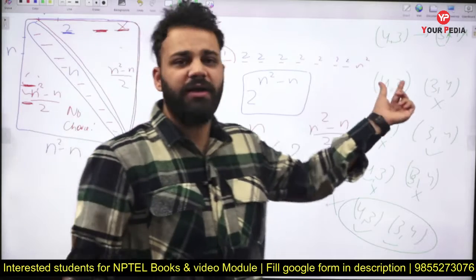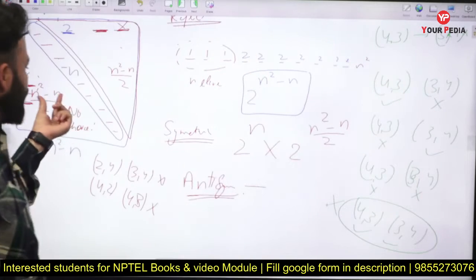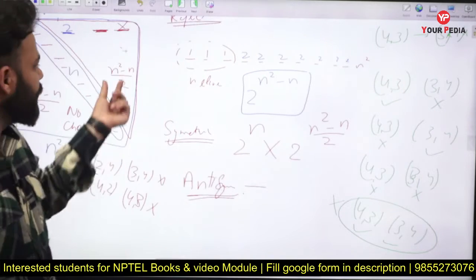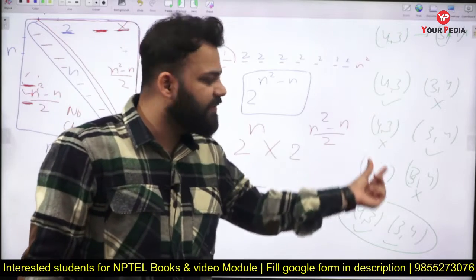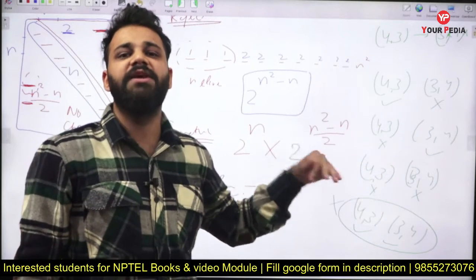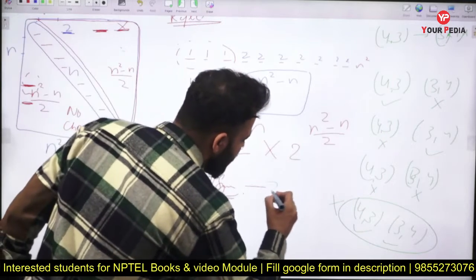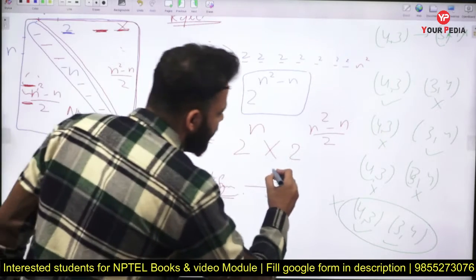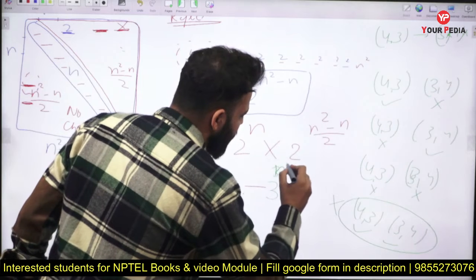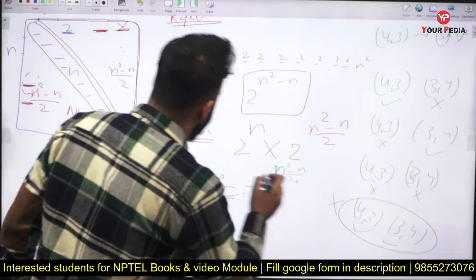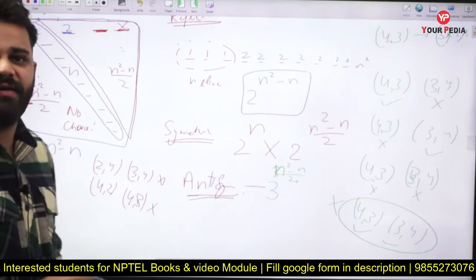So there are total 3 cases, and the choice of lower elements will again depend on upper elements. So there are 3 choices for each element. So if there are 3 choices, then these elements' choices will be 3 raised to power (n square minus n) by 2, because there are (n square minus n) by 2 elements here.